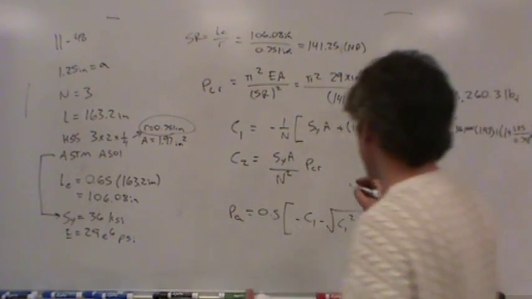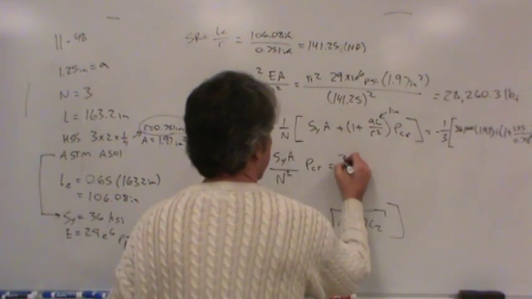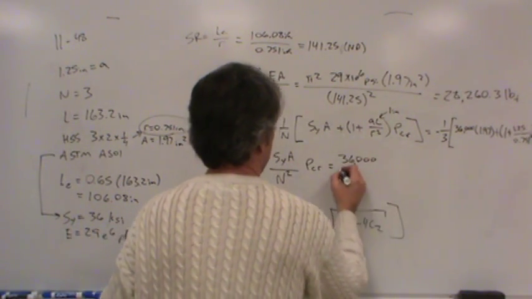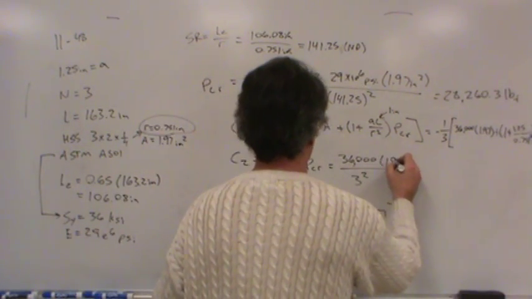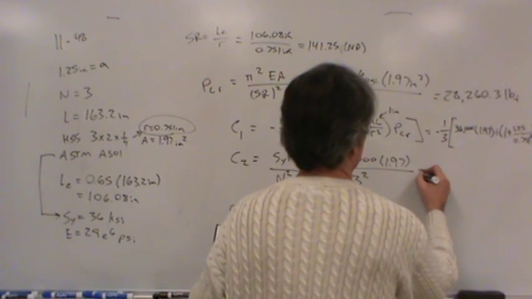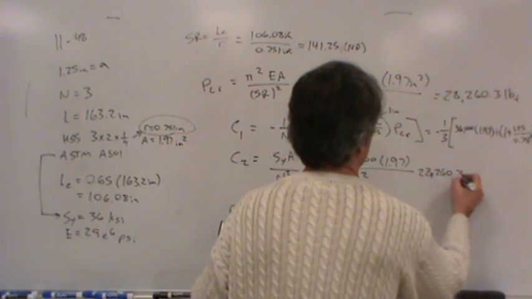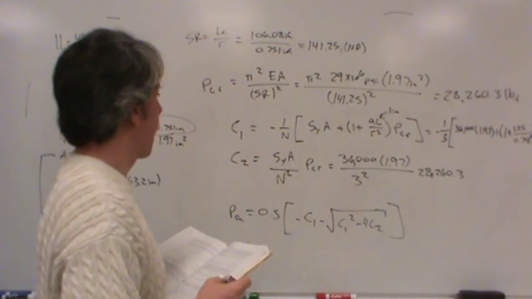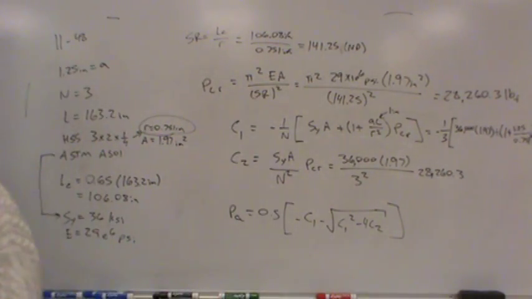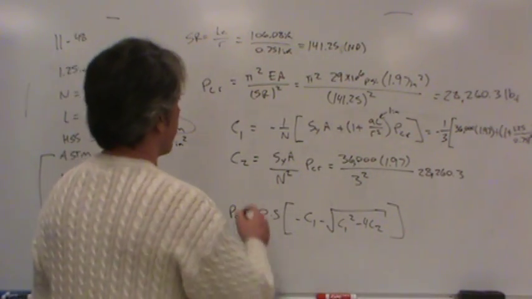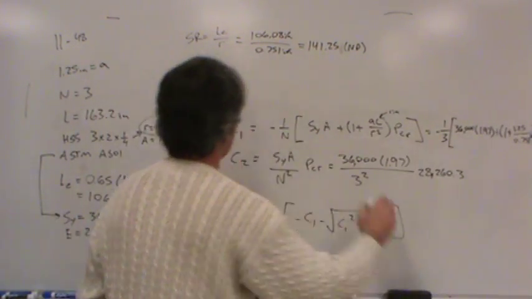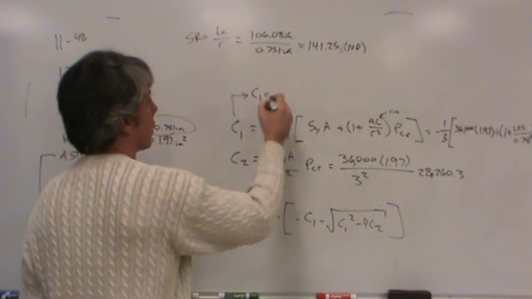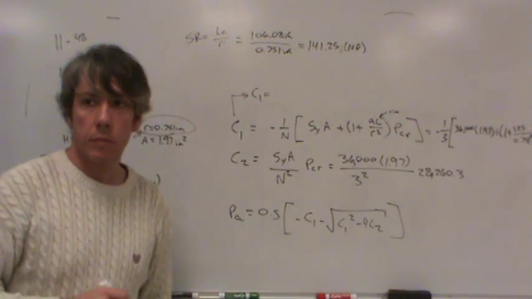While you're calculating that number, I'll go ahead and write these a little clearer, hopefully. Anyone have a number for C1? Or for C2?